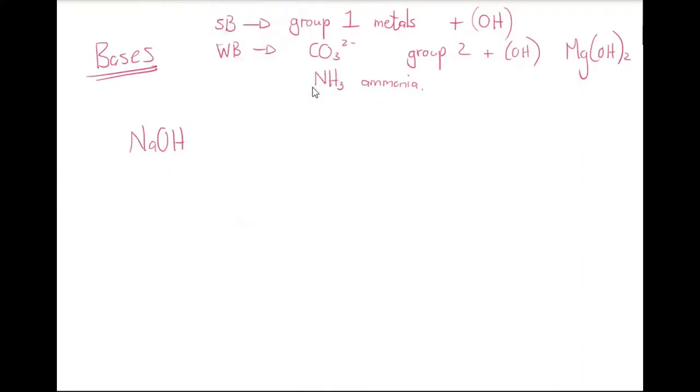All right, bases. What type of bond do you have intramolecularly when you look at bases? That is a metal, a cation, and a polyatomic ion, a non-metal, or an anion. So what do we call the bonds that are formed when you've got a cation and an anion?